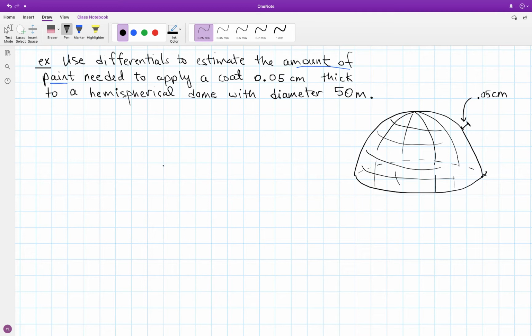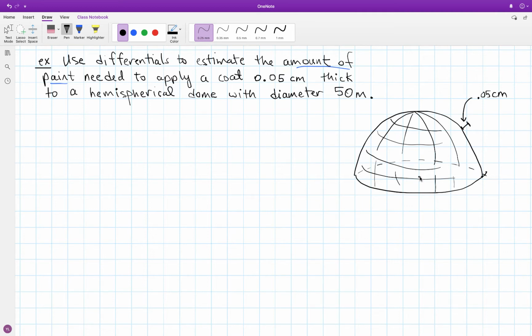So you're going to order the amount of paint as a volume. It's like how many gallons of paint you need, how many liters of paint you need. So I understand the whole amount of paint question. I need to answer it in terms of volume, and that inspires me to use the volume equation for a sphere to interpret this whole thing.